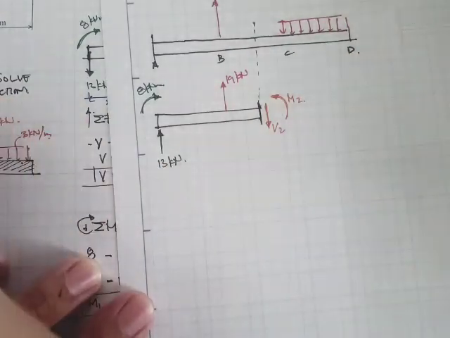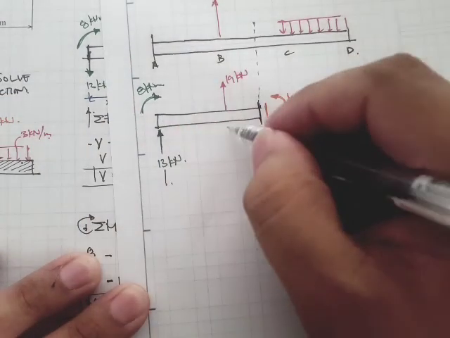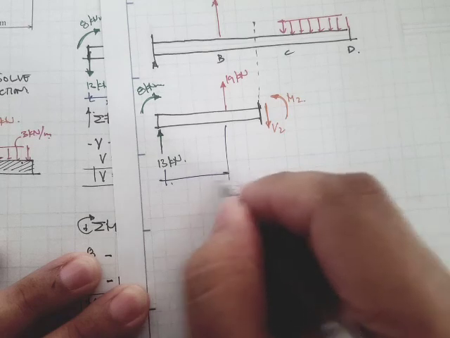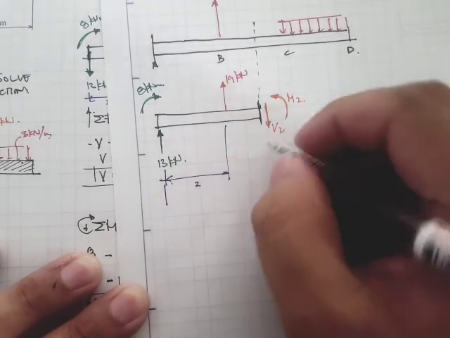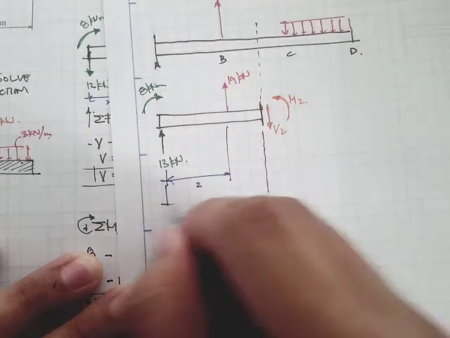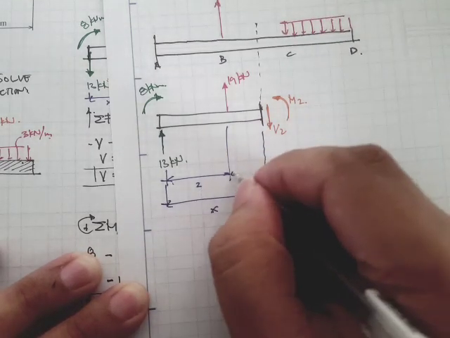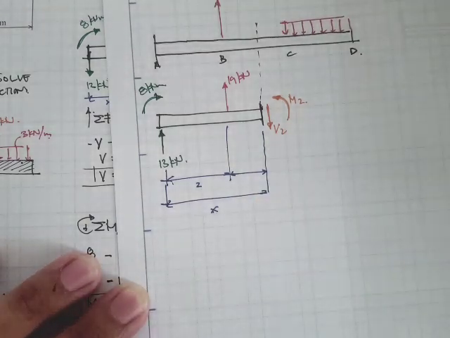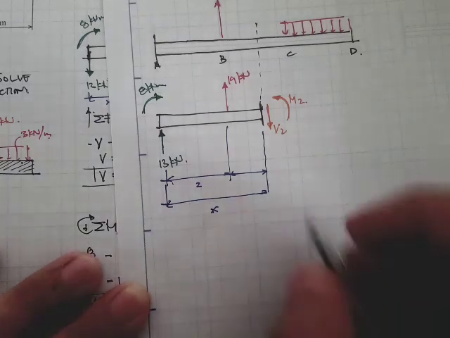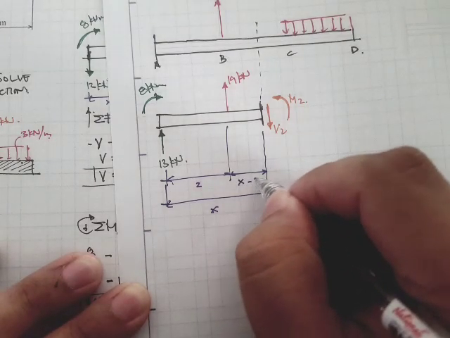The distance from point A to this load is equal to 2, and the distance from point A to the section cut is x. So if this is x and this is 2, this distance would be simply x minus 2.